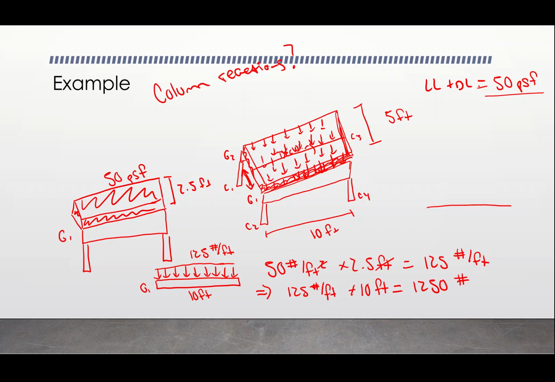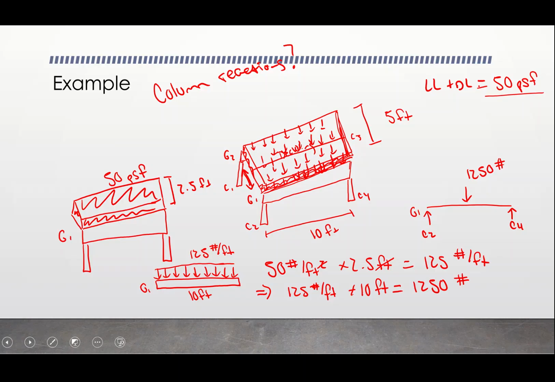So everything that's happening on girder 1 is 1,250 pounds. Then to get to the columns, here is my column 2 and my column 4. Those are fixed supports, but we are only going to do the vertical reaction.